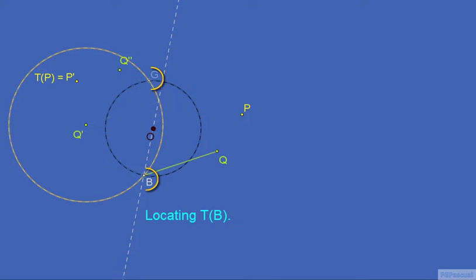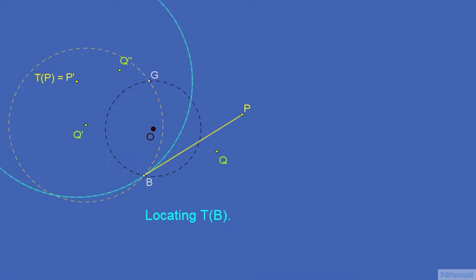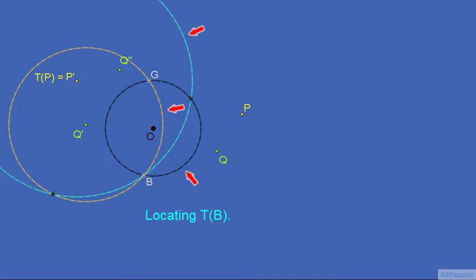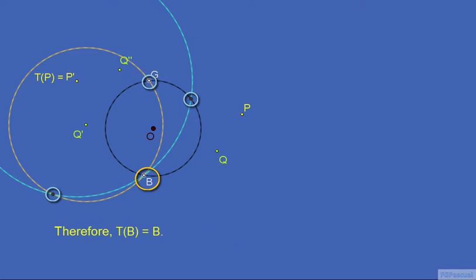So T of B is one of the intersections between this orange circle and this black circle that passes through B, so that B is still a candidate for T of B. Using P this time as a reference point, T of B should be the same distance to T of P as B is to P, and so we construct a circle centered at P prime with radius BP. So T of B should be on these three circles, and B happens to be the only common point among the three circles. So T of B is equal to B.